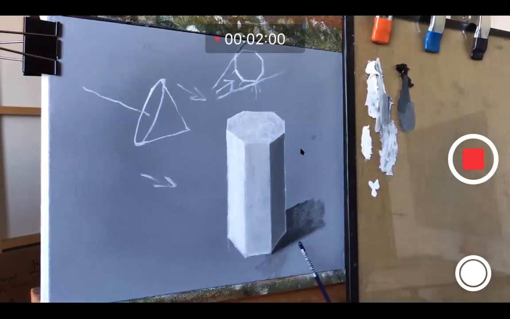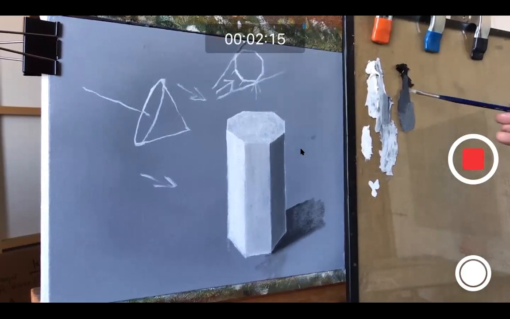So this is why the cast shadow always starts where the form shadow starts. The form shadow is the point on the object where the form turns away from the light source, and it starts blocking light from hitting whatever object is near.